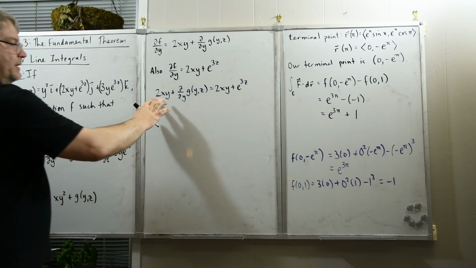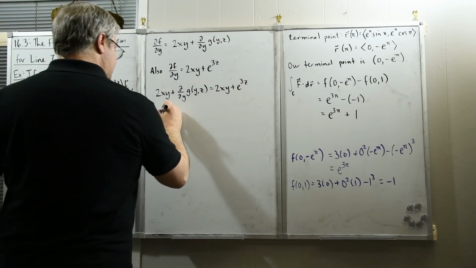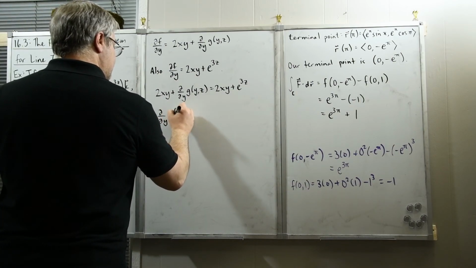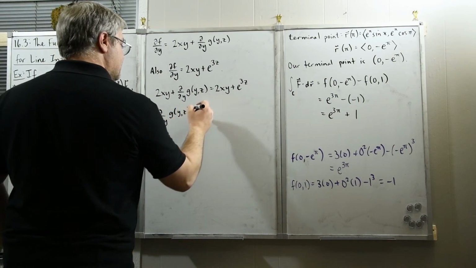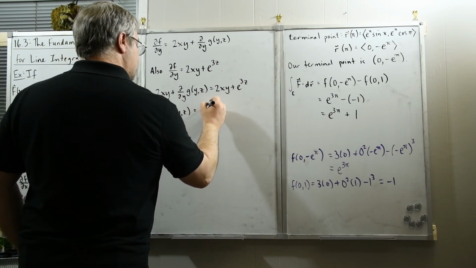When we do that, the 2xy's are going to cancel out. You'll have the partial of g of yz with respect to y is equal to e to the 3z.